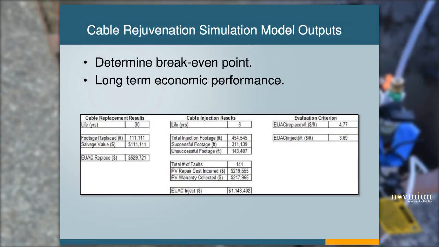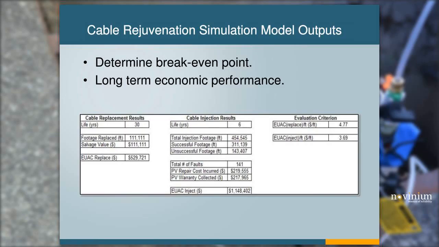Here's the outputs. You see the output on the far left for our cable replacement results. In the middle for our injection results, we have, again, how much footage we could possibly get for that dollar. We have our successful footage that comes out of all from the abandoned cable, the unsuccessful attempts up front to the faulted cable. So we're subtracting all that out.